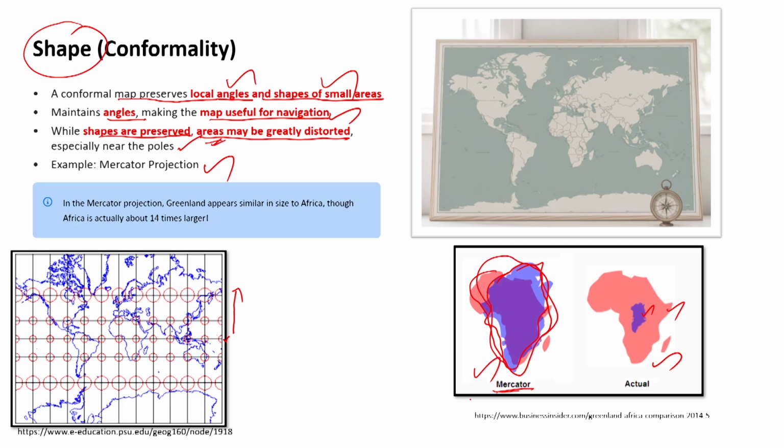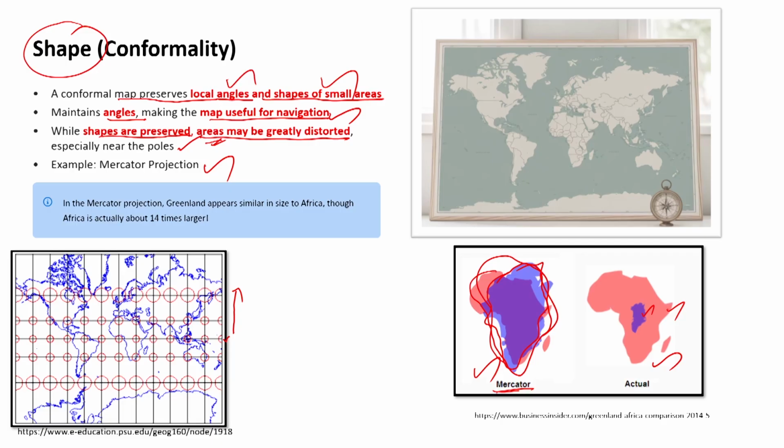As a part of distortion, this particular projection retains the shapes, whereas it compromises the other parameters like area, distance and directions. Let us understand this image. Assume that this is a 500 meter radius circle.